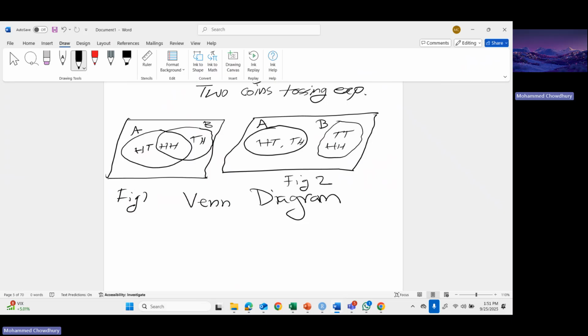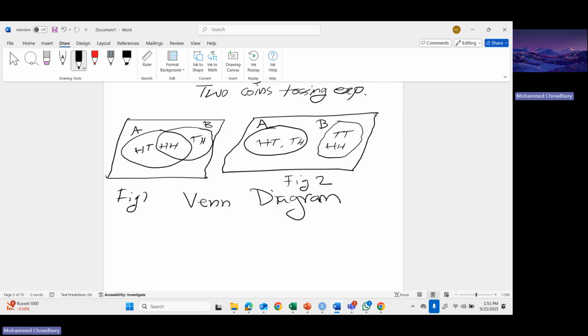Now my question. Are events A and B independent in figure 1 or in figure 2? What are the events in A? At least one head in event A, and event B in figure 1, at least one head also.